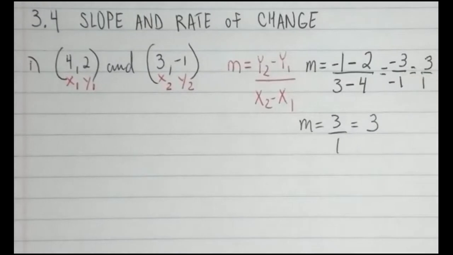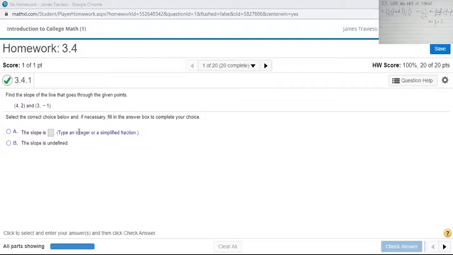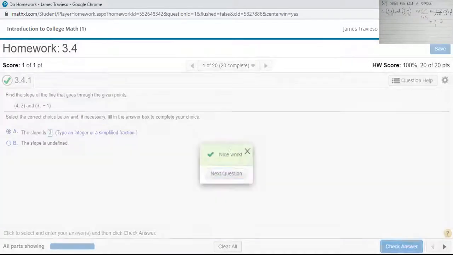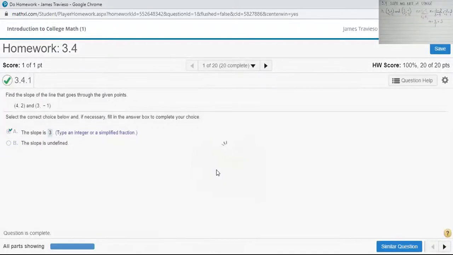It's just equal to 3. Let's go back to our problem. What is the slope of this line? The slope is equal to 3. And if you write it as 3 over 1, that would be fine as well.